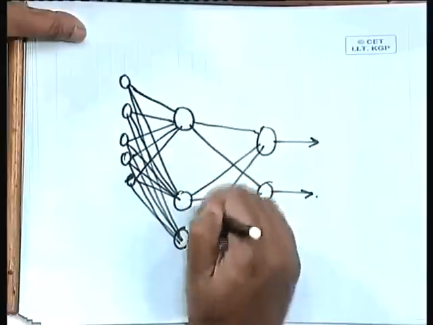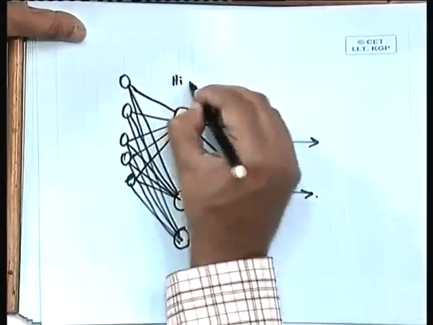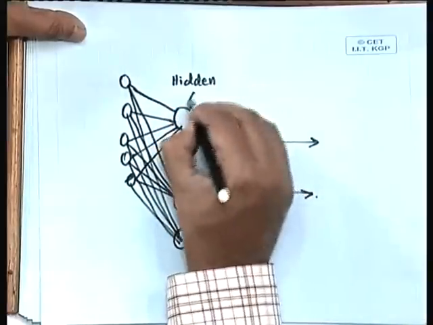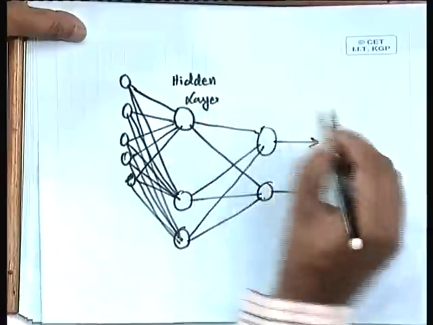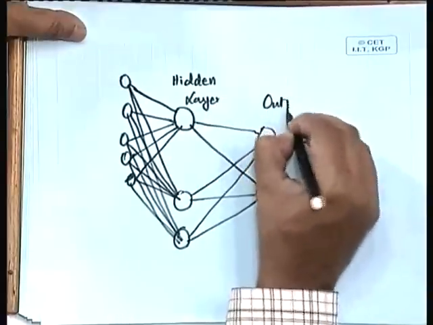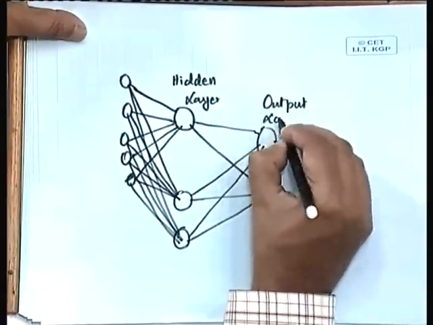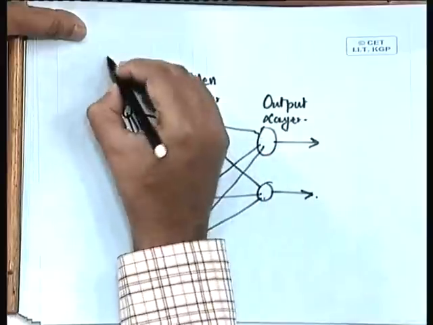So, these neurons will form the hidden layer, this will be the output layer, and this will be the input layer.